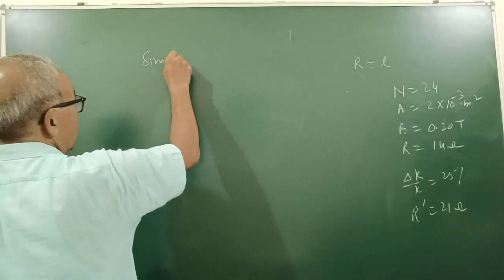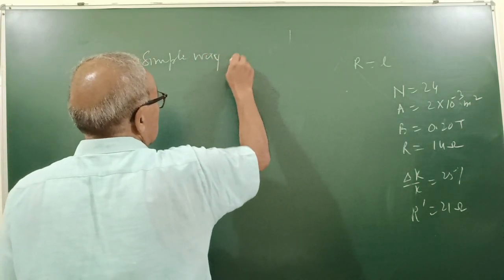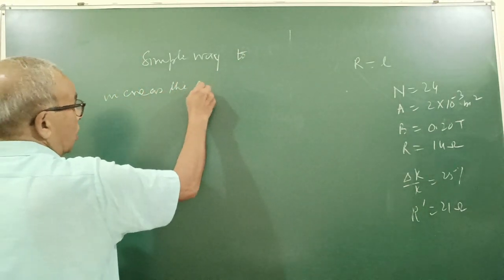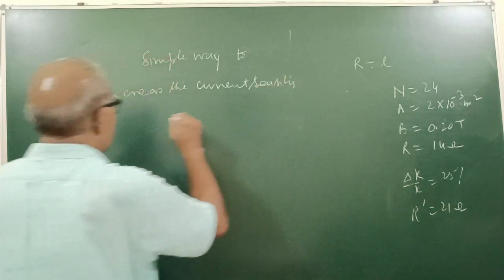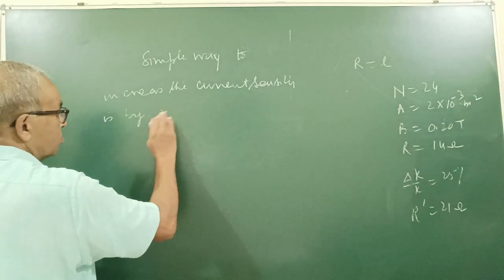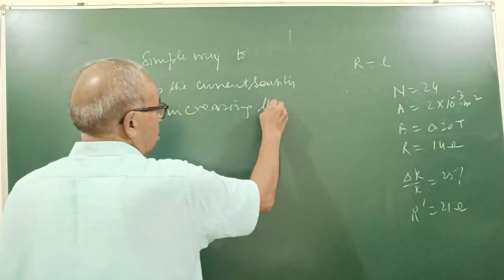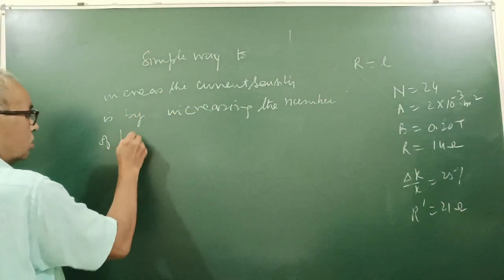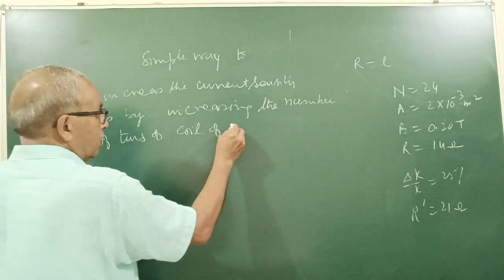Simple, write here: simple way to increase the current sensitivity is by increasing the number of turns of the coil of the galvanometer.